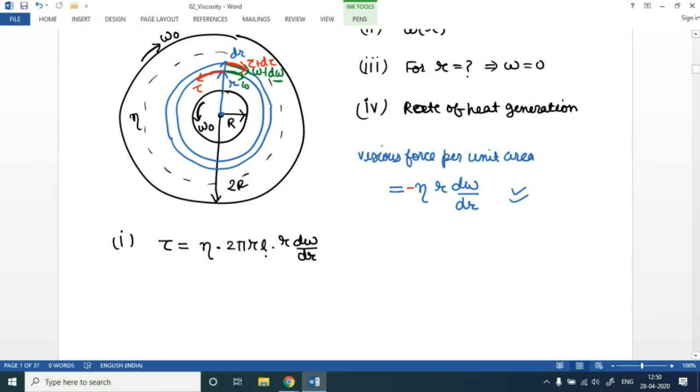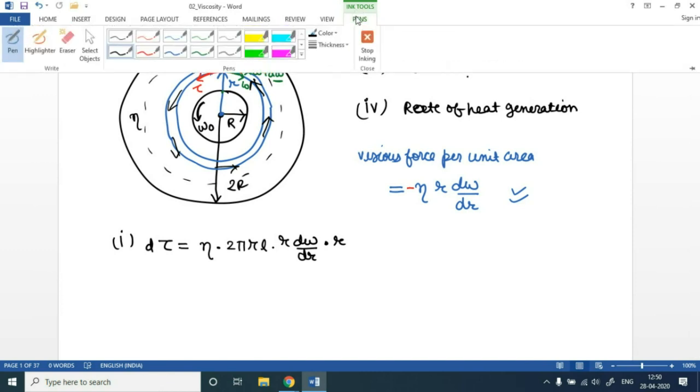And this is the tangential force. You realize the tangential force would be acting in this direction everywhere tangentially, and when multiplied with the arm, it will give us the torque. So this is basically d tau.